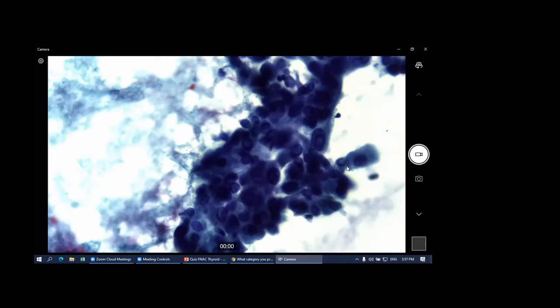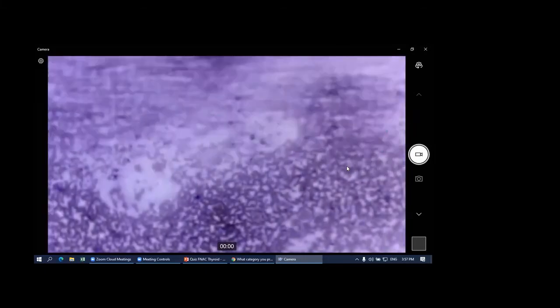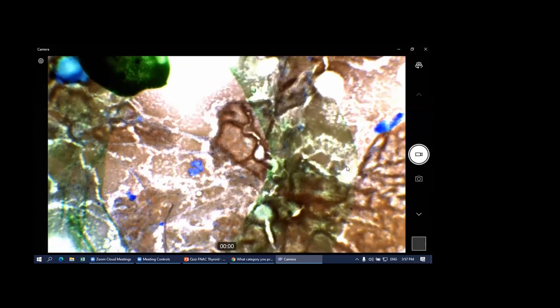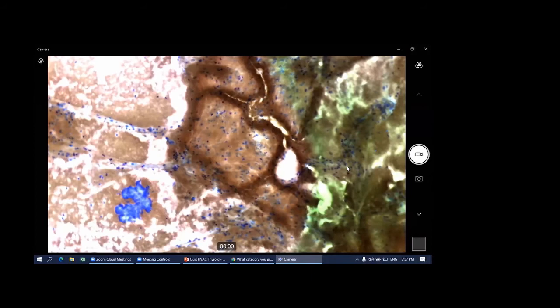Right. Okay. So I'll show you the MGG. There's a lot more cluster in the PEP. Basically, the MGG is okay, it's not that cellular.